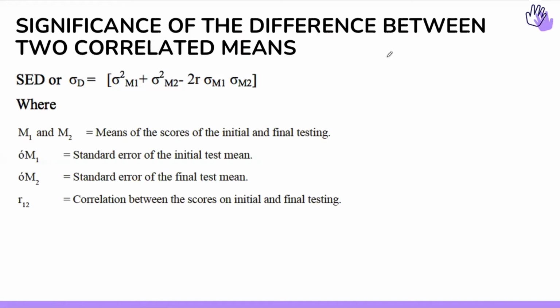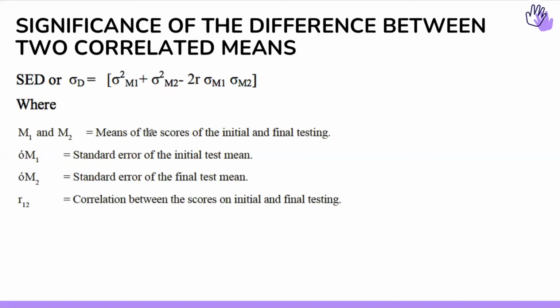The standard error of the difference between two correlated means is denoted by sigma D, and is given by this formula. So if two means are correlated, this is how we calculate the standard error of the difference between them.